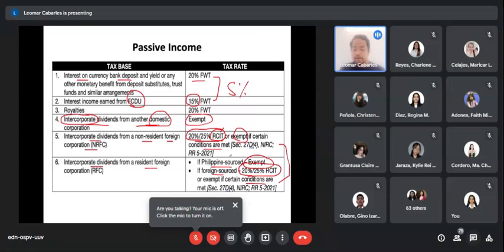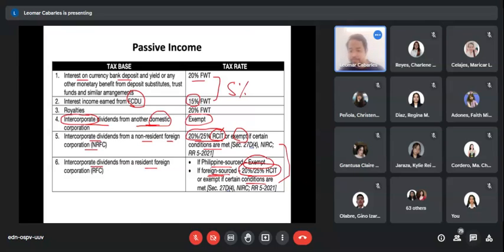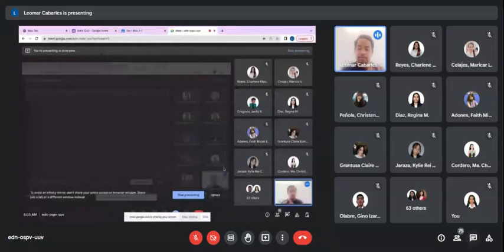Yung rules dito sa passive income, especially for intercorporate dividends. Okay? Now let's discuss kung kailan ang foreign source, okay, kung kailan ang foreign source nagiging exempt. Kasi generally, pag domestic corporation ka, di ba ang taxation mo worldwide, no? Kung meron kang foreign source na dividend, generally that is subject to regular corporate income tax.